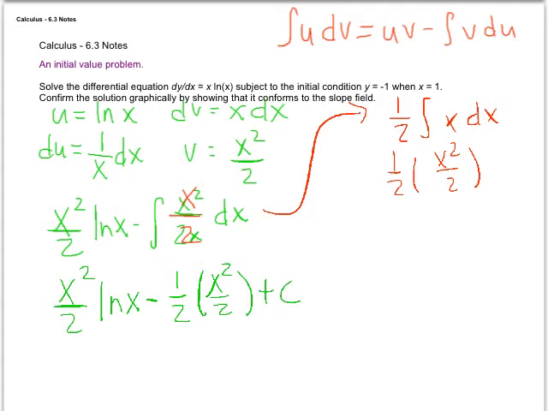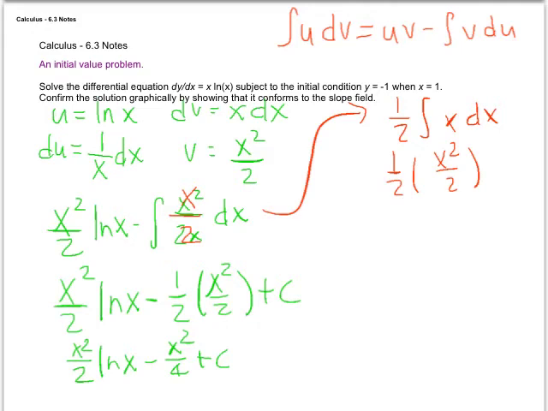And so here I've got my solution. Okay. And we could clean it up a little bit if we wanted to. It's not too hard to do. We're just going to have x squared over 2 natural log x minus x squared over 4 plus c. And they're giving us in that initial condition that when y is -1, x is 1.